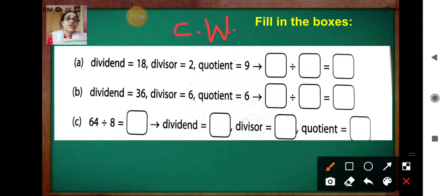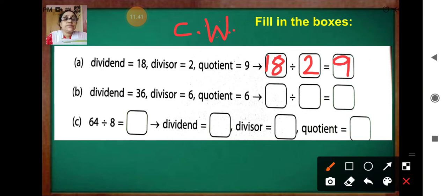Now the arrow is showing. Now in the box you have to write dividend, divisor and quotient. So what will we write? Write 18 here. 18 divided by 2, quotient is given 9. Just read the question, try to understand and then fill in the boxes.